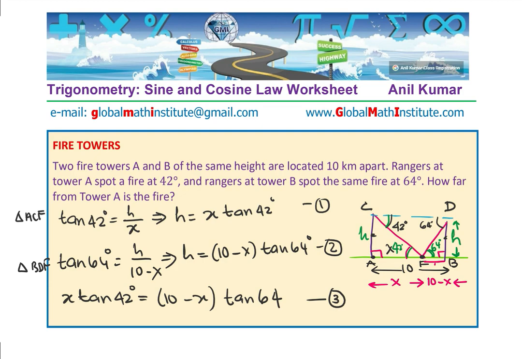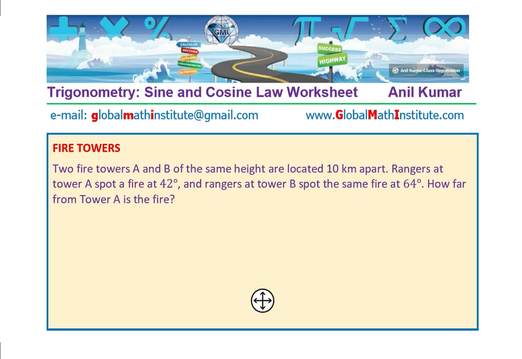You get the idea. So remember what equation we got. X tan 42 equals to, which is this angle, right? 10 minus x of 64 degrees, right? Let's move on to a new page. So we have x tan 42 degrees is equal to that distance 10 minus x times tan of the other angle, which is 64 degrees.